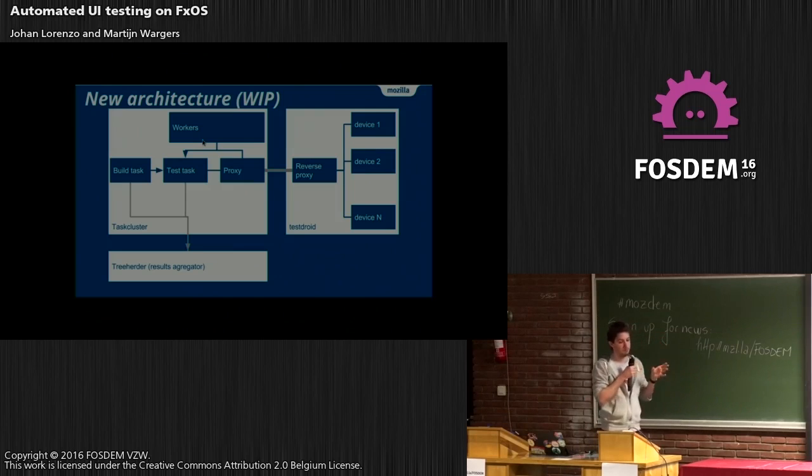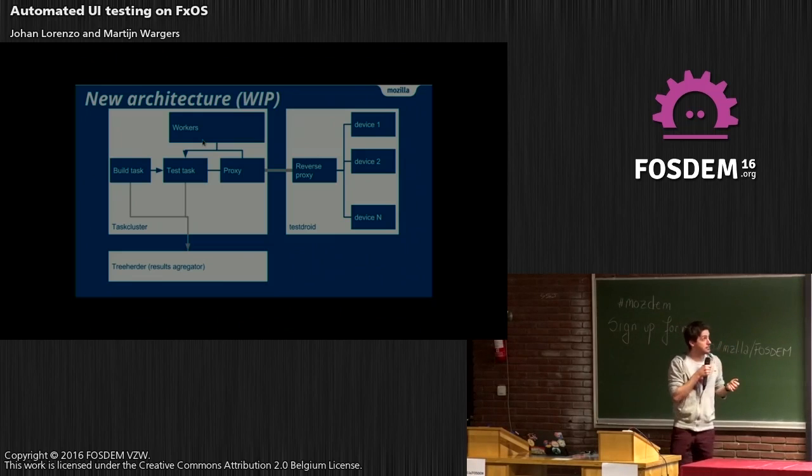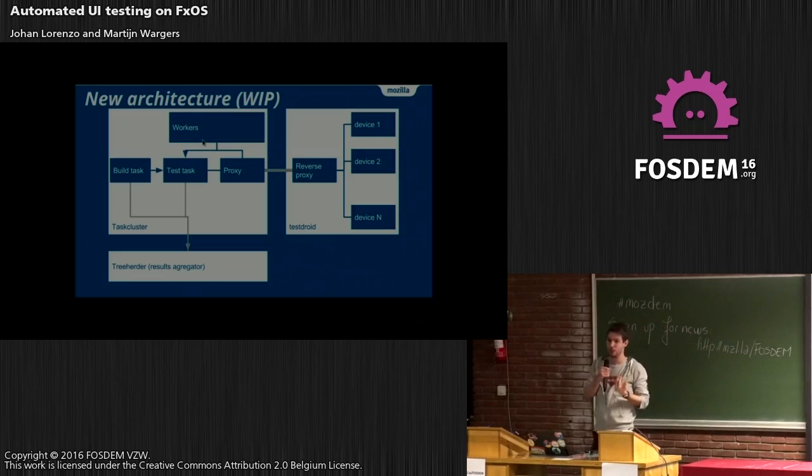So here the architecture is a bit more complex, but each component has its own job. And finally, the workers here are just a monitor job that verifies how many devices we have available.